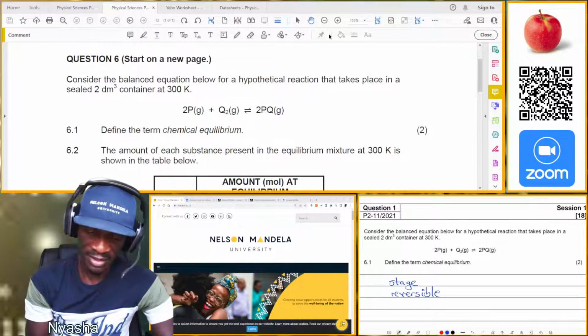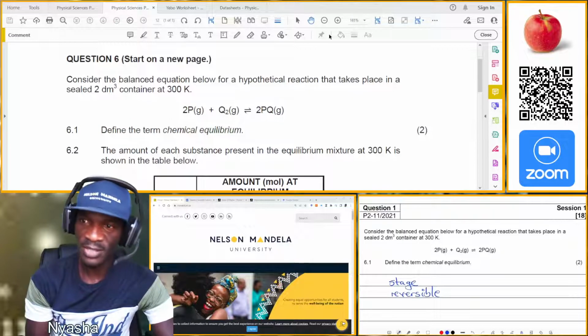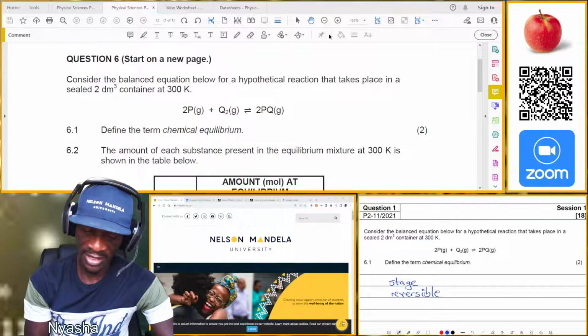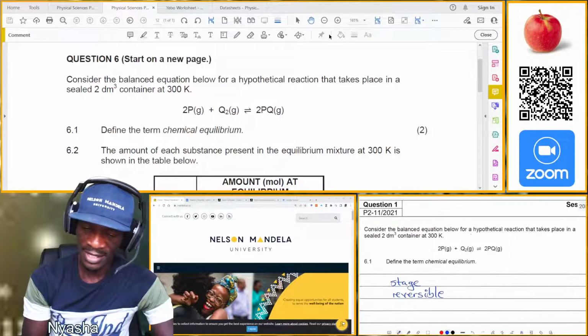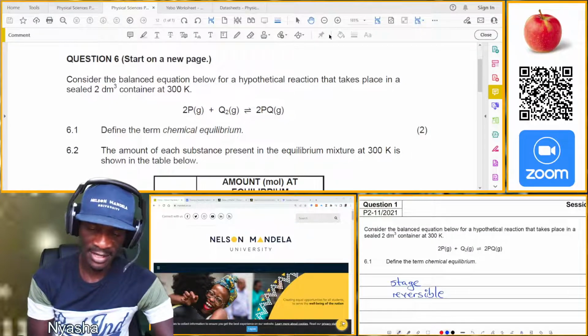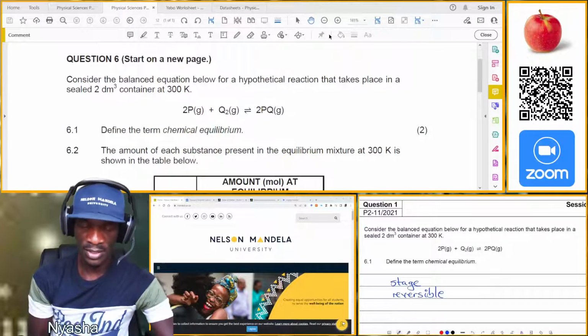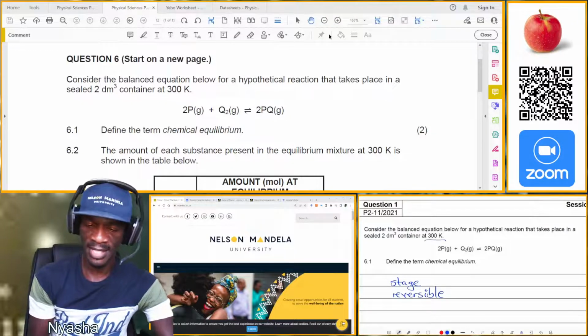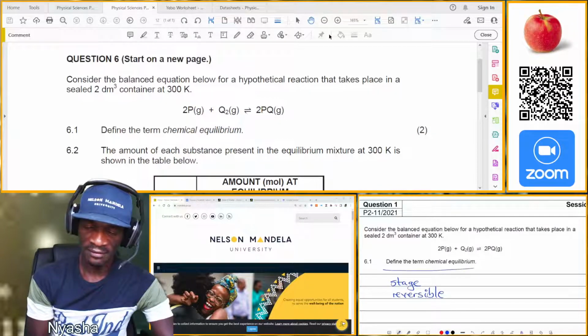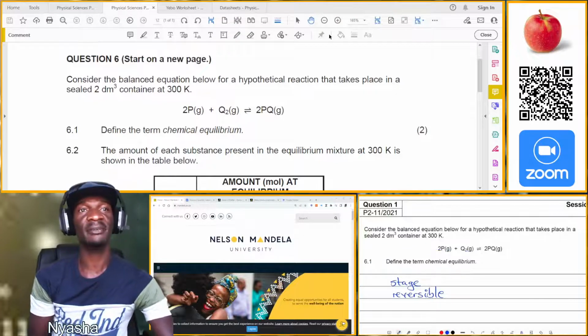They say we are considering the balanced chemical reaction below. It's a hypothetical reaction, and it takes place in a sealed 2 dm cubed container, which is at 300 K. So the first thing they want us to do is to just define chemical equilibrium.